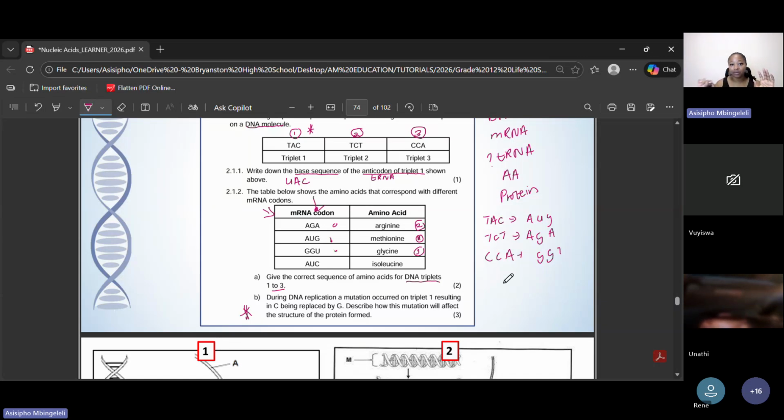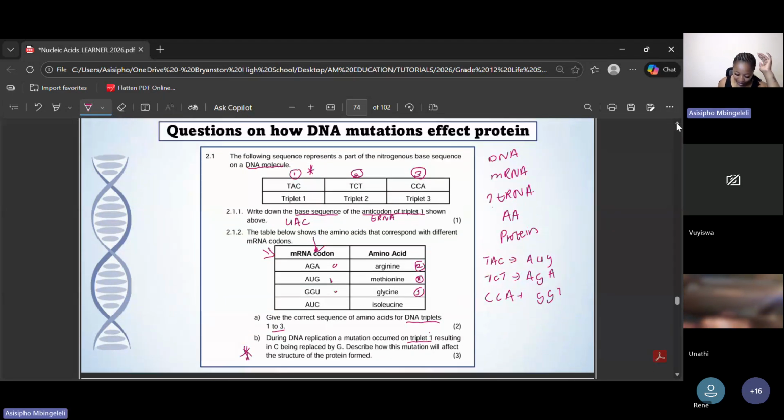Then there is mutation. During DNA replication, a mutation occurred in triplet 1, resulting in C being replaced by G. For 3 marks, describe how this mutation will affect the structure of the protein that is formed.